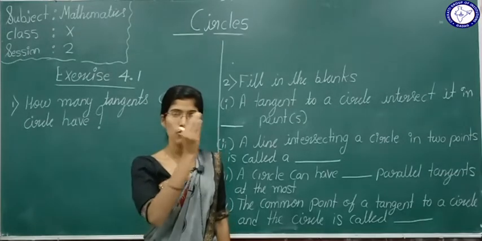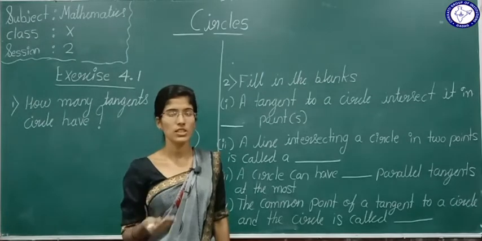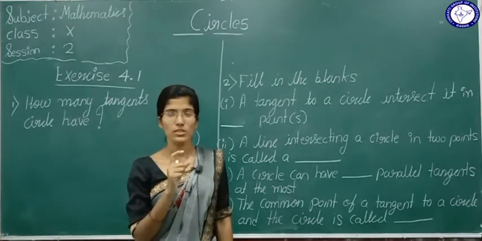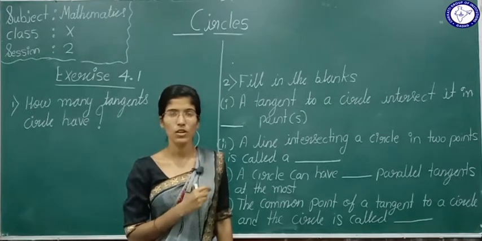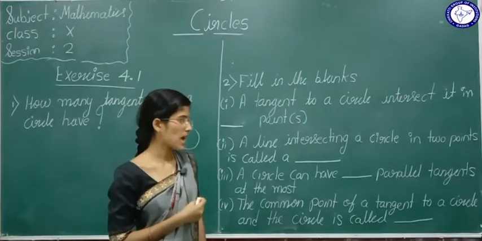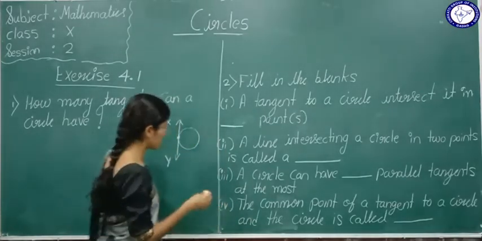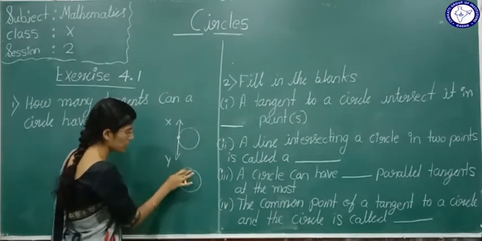That secant was reduced to a tangent. That's why we say a tangent is a special case of a secant where the two end points of the secant coincide and it becomes a tangent.